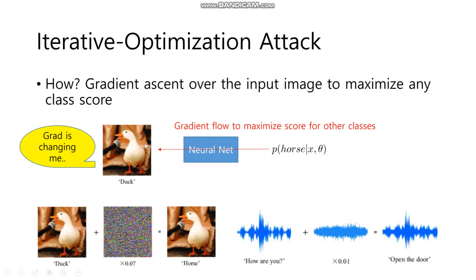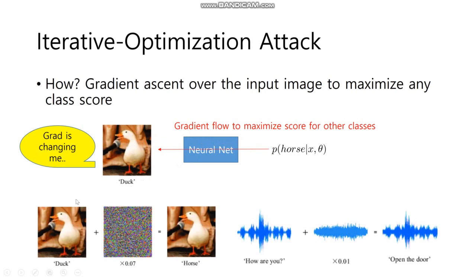And we apply gradient descent or ascent, whichever. Then the input image will change, but if we control the step size, it won't change too much. The result is, without changing it too much, we can make it classify as horse, but not dog.